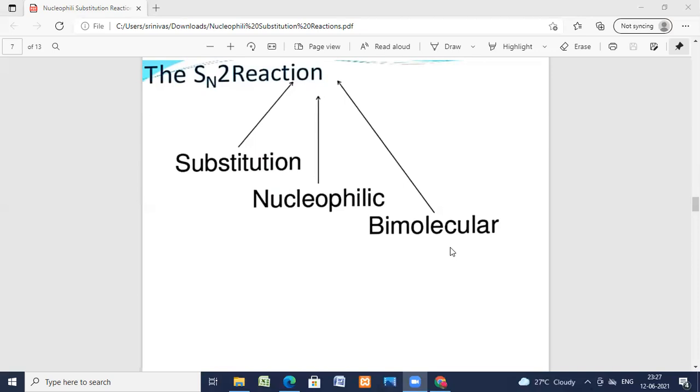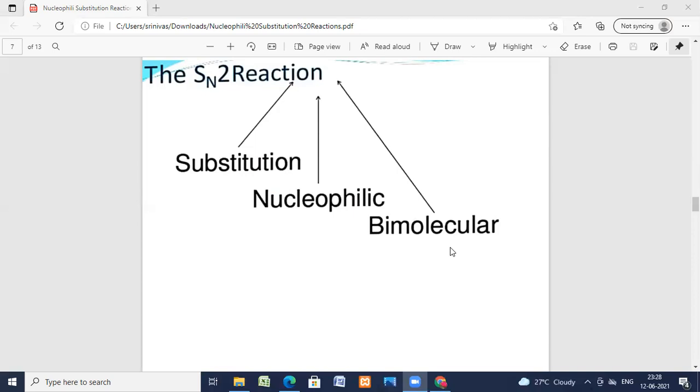Next, we'll see what is observed during the alkaline hydrolysis of methyl bromide with aqueous sodium hydroxide. We take methyl bromide and sodium hydroxide, and we get methanol plus sodium bromide. During alkaline hydrolysis of methyl bromide with sodium hydroxide or moist silver oxide, the reaction follows second order kinetics.